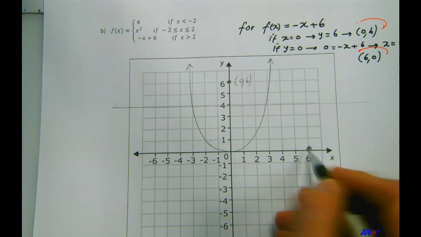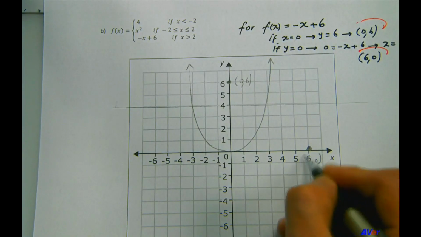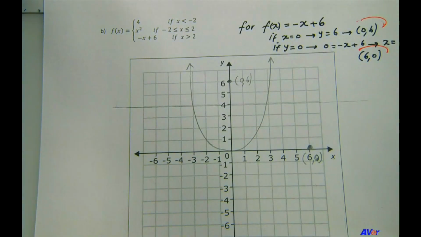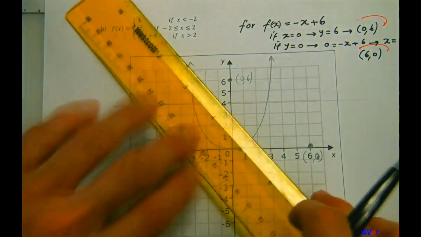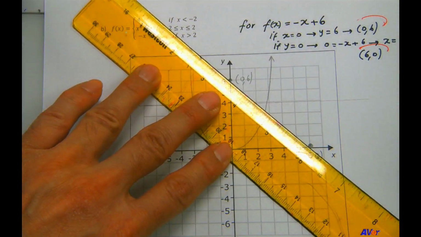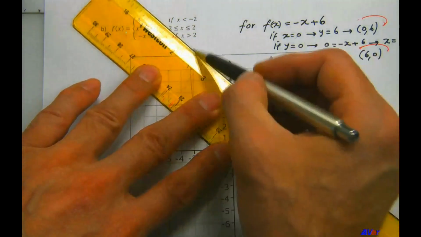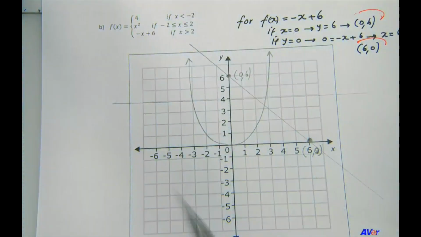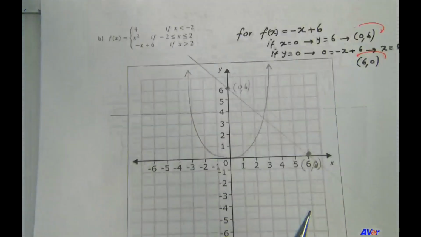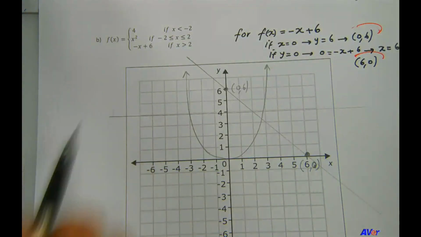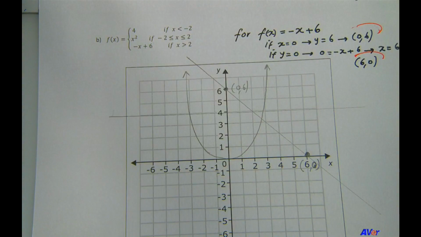Okay, that's 6 comma 0, right there. So now, just draw a line very lightly through those 2 points. Like that. So now you have drawn all 3 pieces, f of x equals 4, f of x equals x squared, f of x equals minus x plus 6, very lightly on a piece of paper.